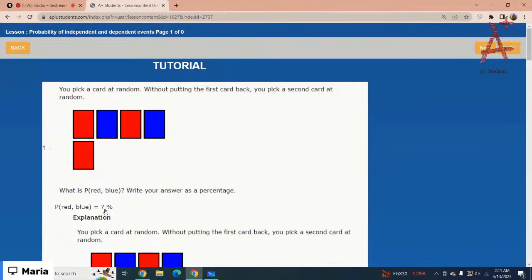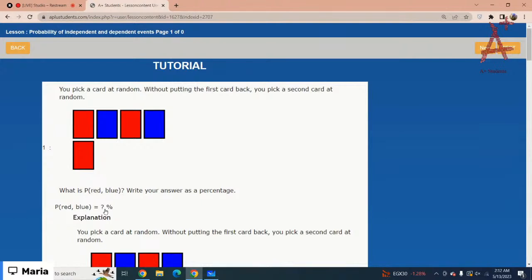Okay, the next one is: you pick a card at random. Now you're going to calculate the probability of the dependent and independent events. Got it? So if the events are independent, probability is exactly the same as we did before. But if the events are dependent, let's see how we calculate the probability then.